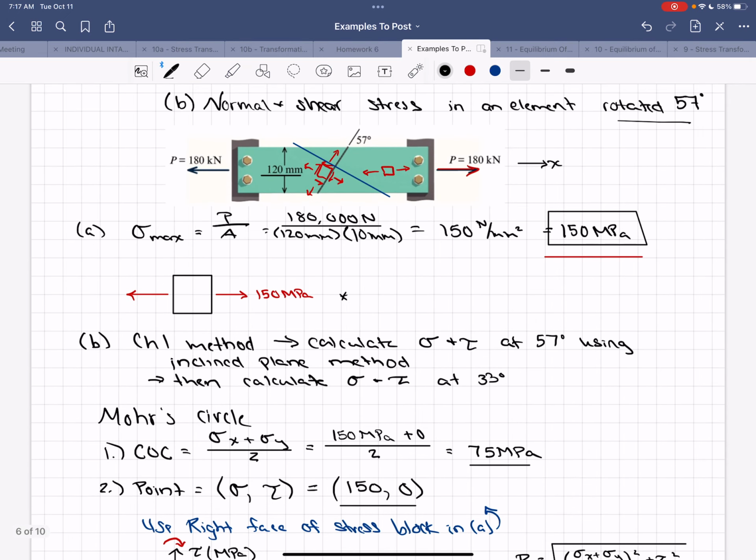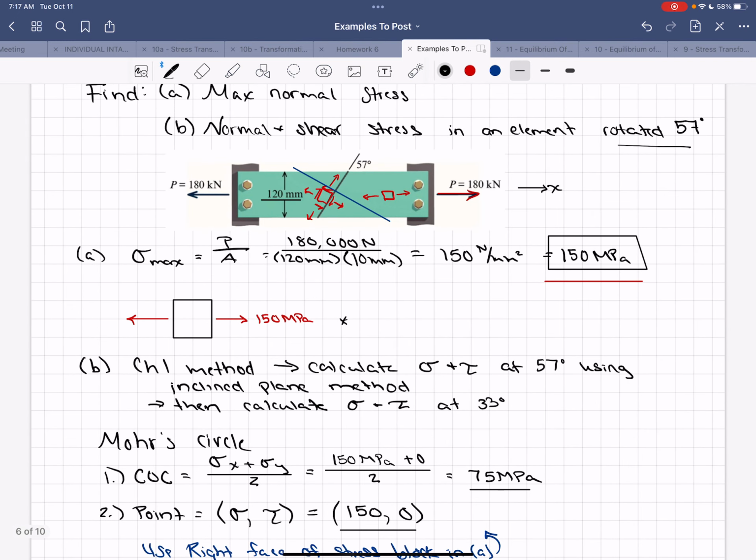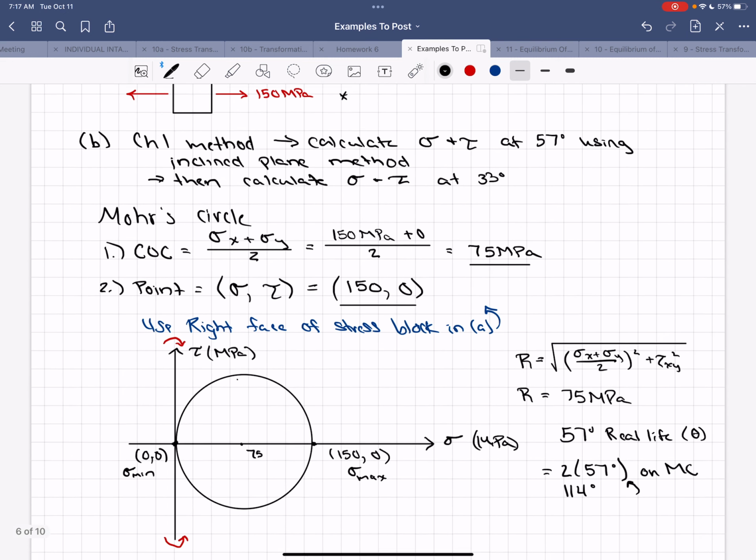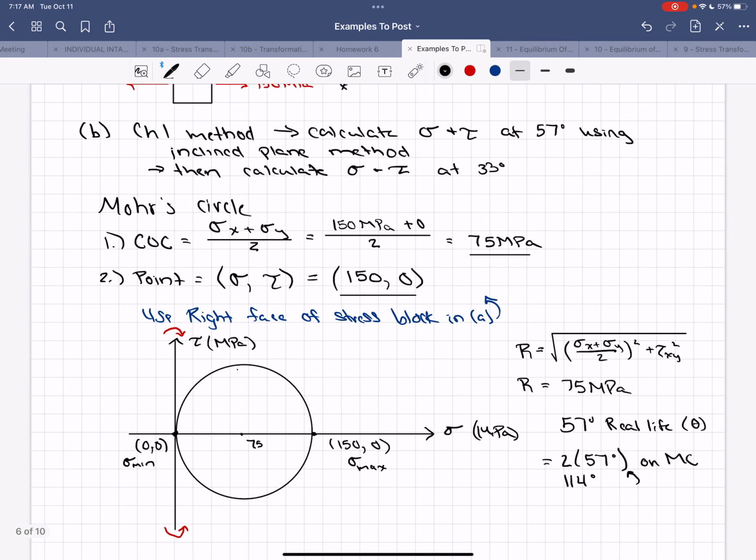So what we're doing here is up here we're taking this block and rotating it 57 degrees this way. So we go from block A to block B. Okay, so we draw that on our Mohr's circle.